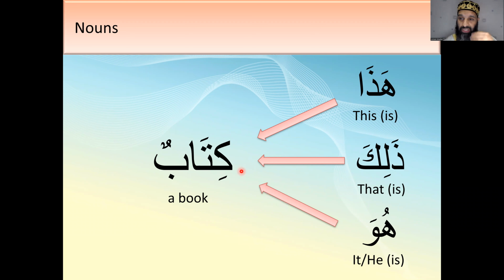As you get more familiar with the words, you will know that there are not many words that attach onto hadha to make another word. You get one or two, but you'll recognize the words, and inshallah that way you'll better understand. But usually there is a slight gap between each word.